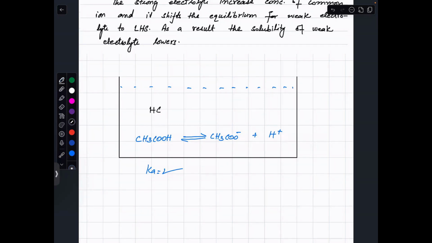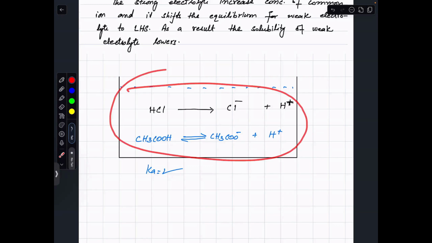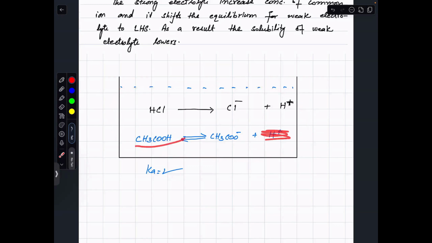You added HCl. When you are adding HCl, it produces a lot of H+. So in this container, there was some H+ from the acid. When you added HCl, there is too much H+ in that container. The H+ is much more. They are colliding, but it's not going in the backward direction because it's already fully ionized.